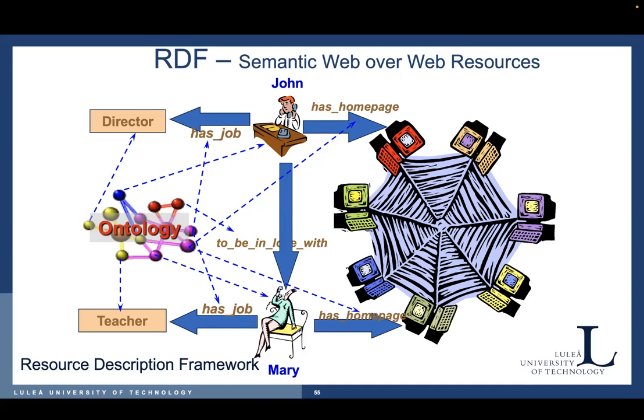We have some digital resources that we want to annotate with a description of properties and relationships, described in an agreed way in an ontology.